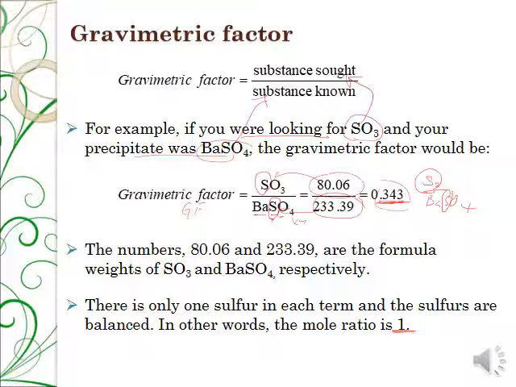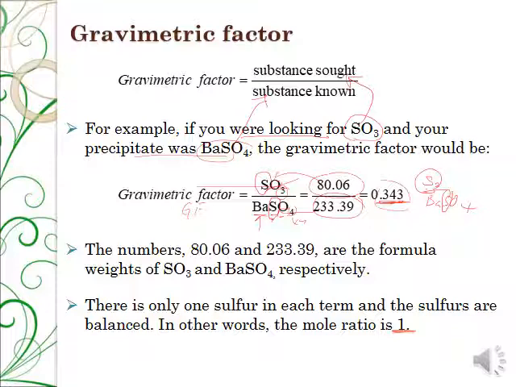We only focus on the analyte of interest, in this case sulfur. So you can ignore oxygen and barium, although it's not balanced, for example here 3, here 4. Okay, 2 here for the substance sought, 1 here for the substance weighed, so it's stoichiometrically not balanced.